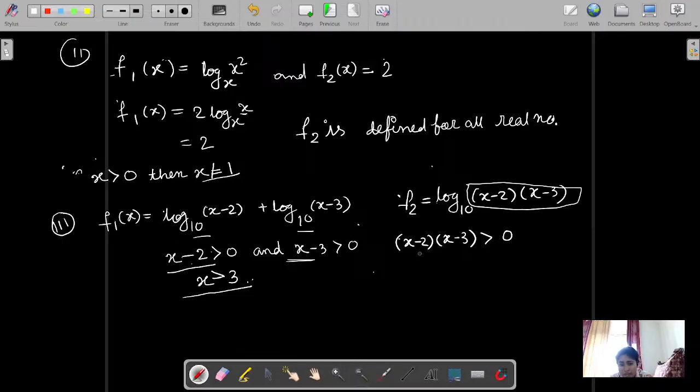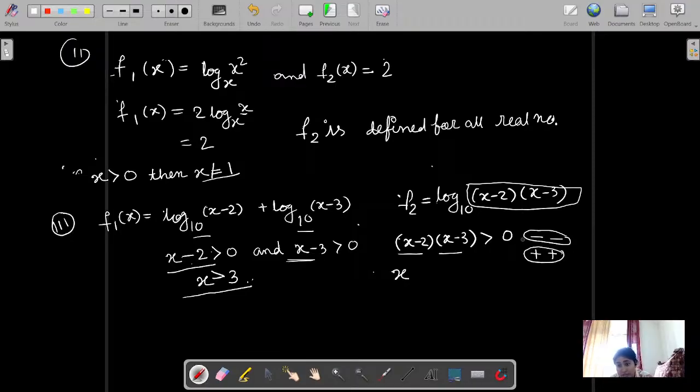So what does it take to be greater than 0? It is a product. For a product to be greater than 0, what are the conditions? Either both are negative, or both are positive. So two conditions we can find. One is both negative, another is both positive.